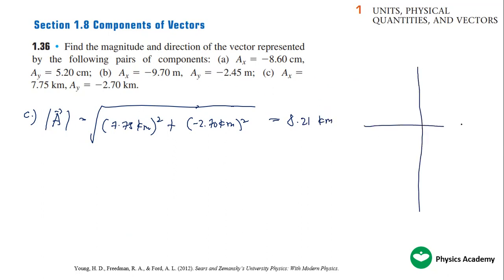If you want to sketch this one, this is your X, this is your Y. Your AX is positive, this is your AX. Your AY is negative, so this is your AY. So your vector A here lies on the fourth quadrant.